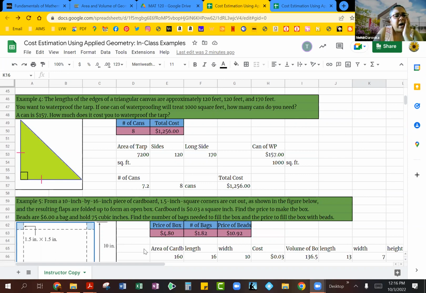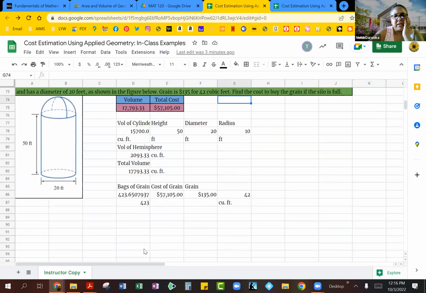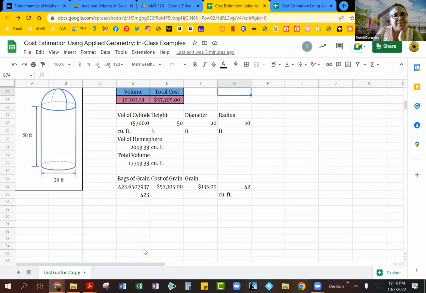Okay, so it should actually be Sabrina with 423 at $135. It should come out to be 57,105. So 56,970 is if you are rounding down the number of bags.